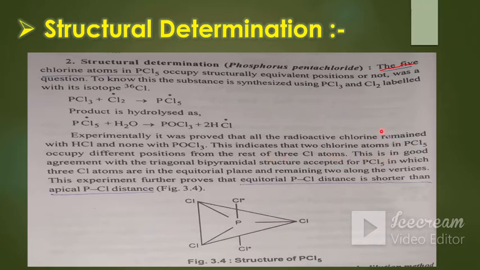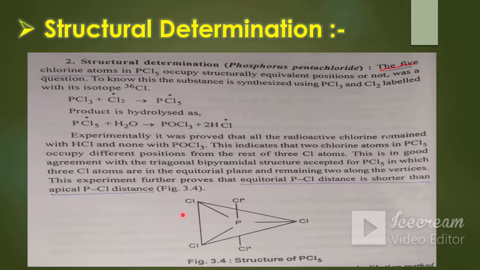This is in good agreement with the trigonal bipyramidal structure, that is TBP structure, for PCl5, in which 3 Cl atoms are in the equatorial plane and the remaining 2 are along the vertices.